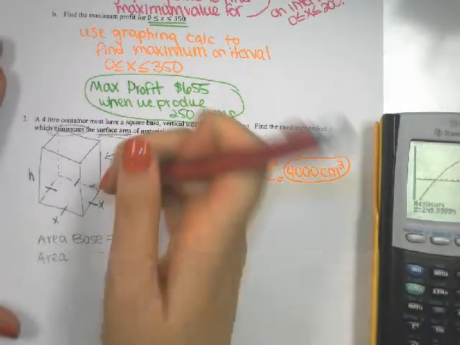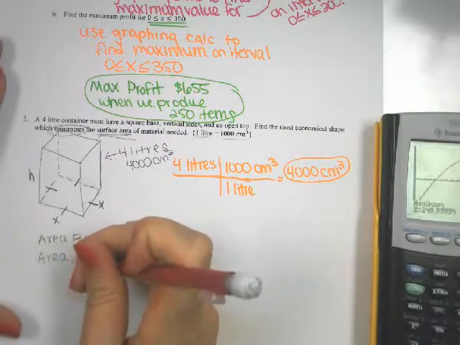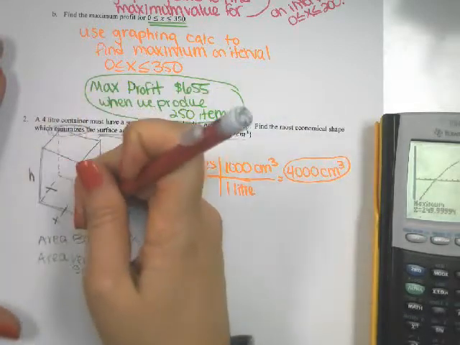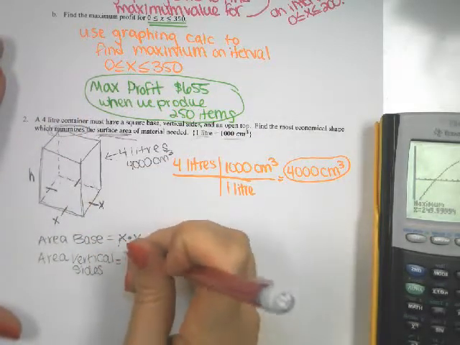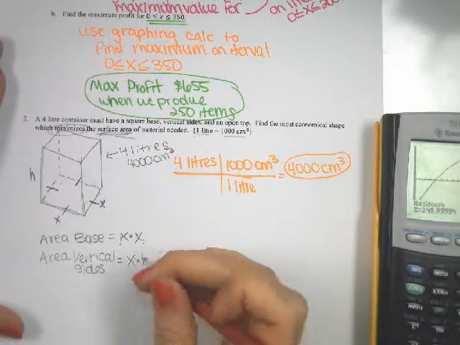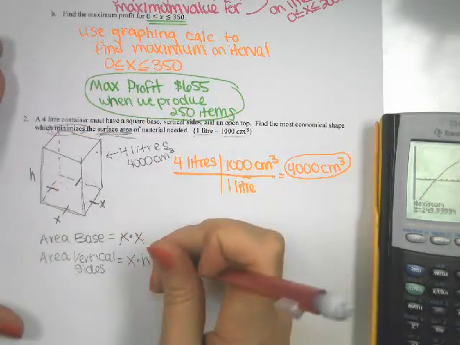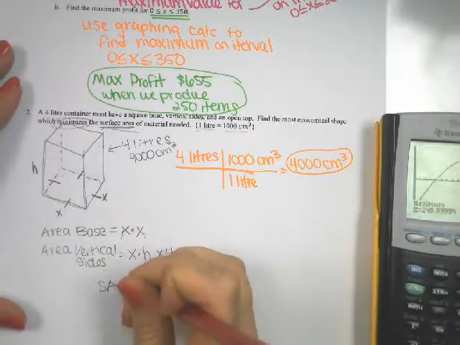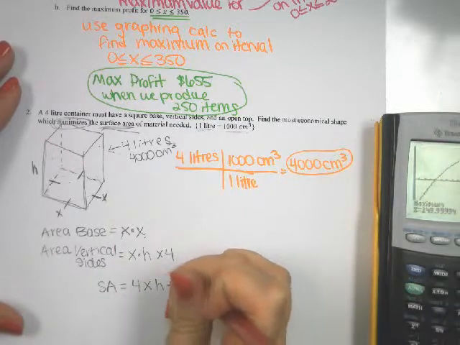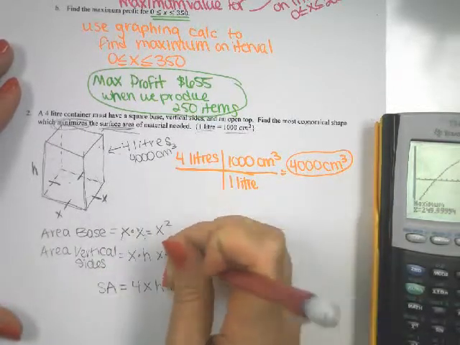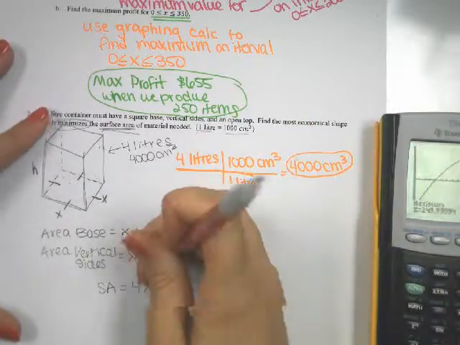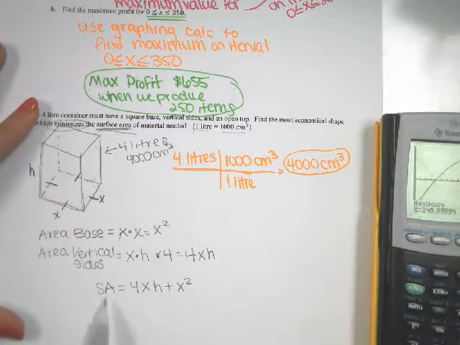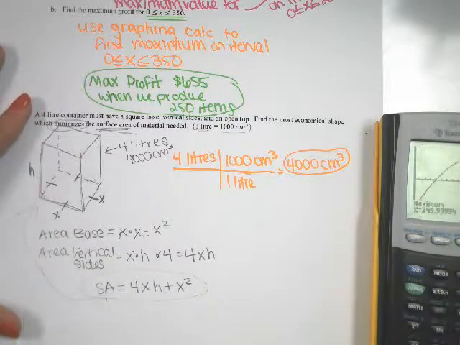The area of each of our vertical sides is x by h, and there are 4 of those. So our surface area is equal to 4xh plus x squared. This is an equation for the surface area of that shape.